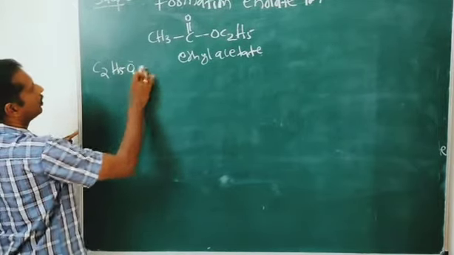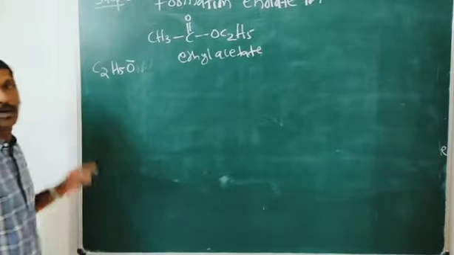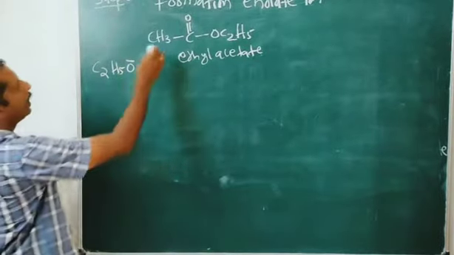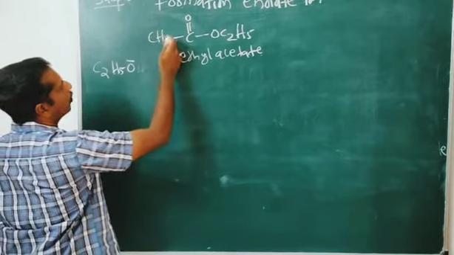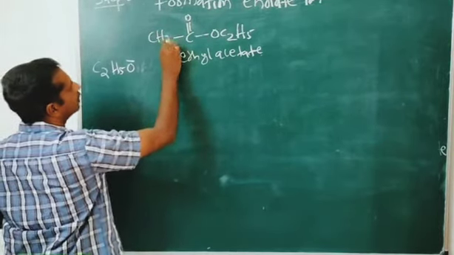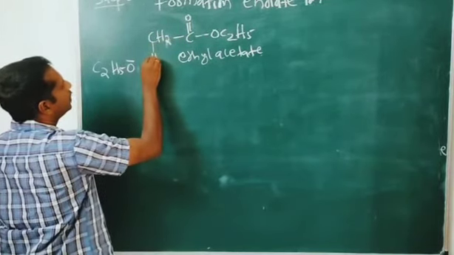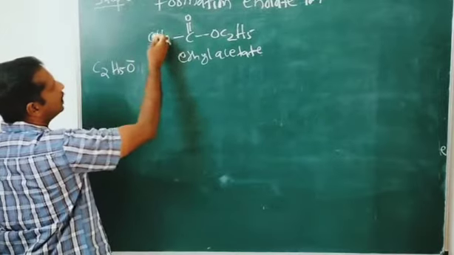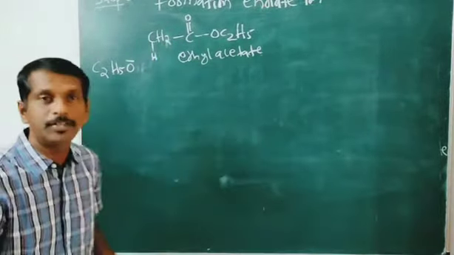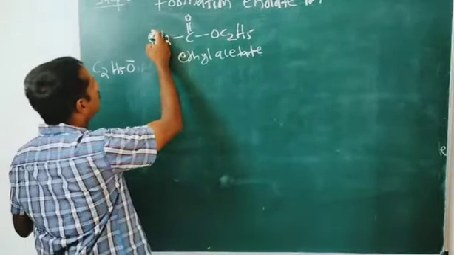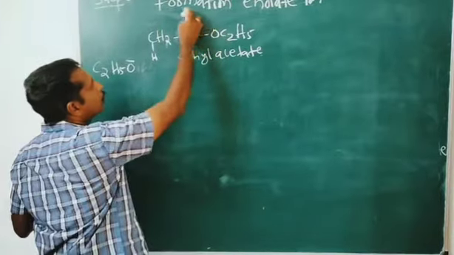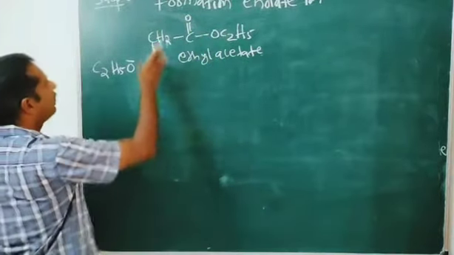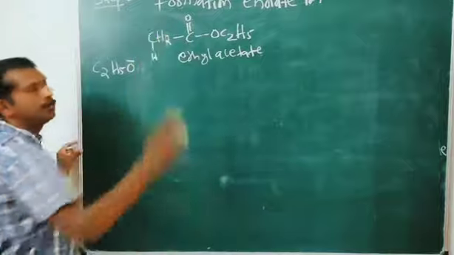C2H5O minus is our base. This base removes an acidic proton. This CH3 can be written as CH2H. These hydrogen atoms are acidic in nature because this carbon is attached to the electron withdrawing CO group.